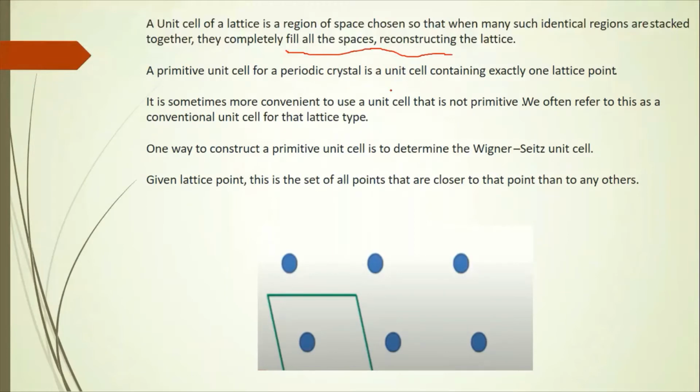This kind of unit cell is, I think, already familiar from forming a 1D chain. A primitive unit cell for a periodic crystal is a unit cell containing exactly one lattice point.